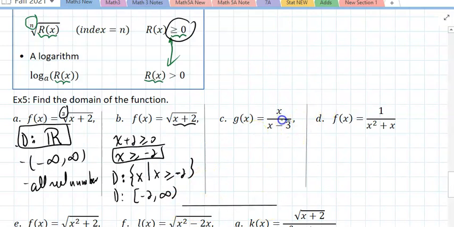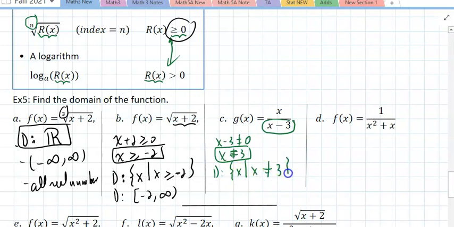Here I see a fraction, well, trying to avoid a 0 in the denominator. So take the denominator, set it equal to 0, so you already know 3 is the only value that you can't have. So either you say domain, choose x such that x does not equal 3.